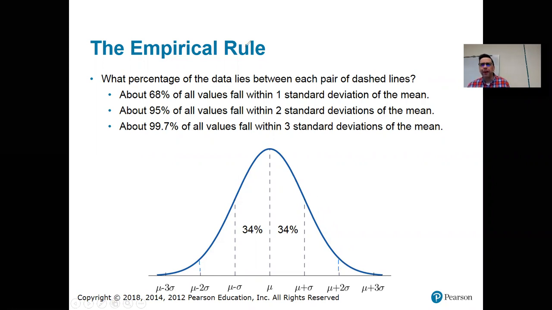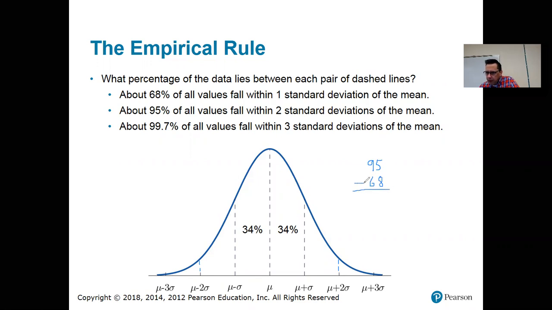So 95% is between here and here. But we've already accounted for 68%, right? So in these 2 regions here and here, there's going to have to be the remainder of that 95%. We're talking 95 minus the 68% that I already have, which comes out to 27%.